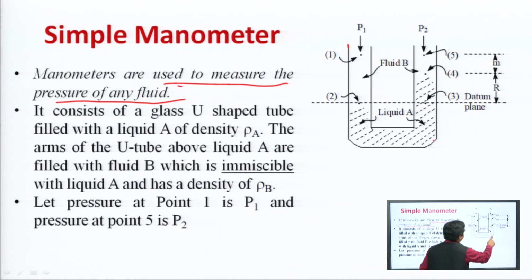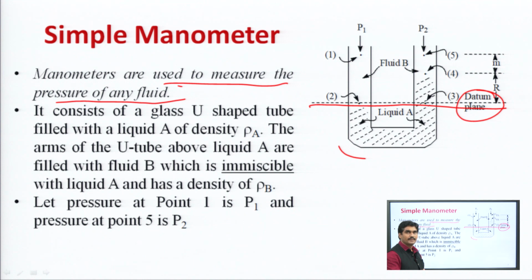This is a U-shaped manometer. This manometer is made up of glass, which is U-shaped. In this manometer, you will find a horizontal plane, that is called the datum plane. This is an arbitrary horizontal plane on which we are going to measure the pressure.